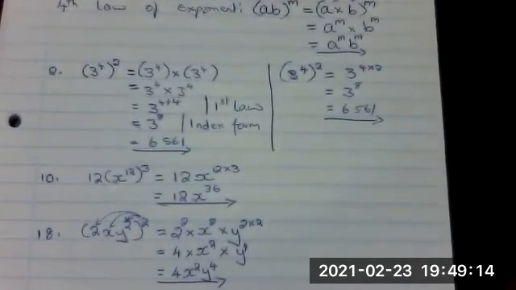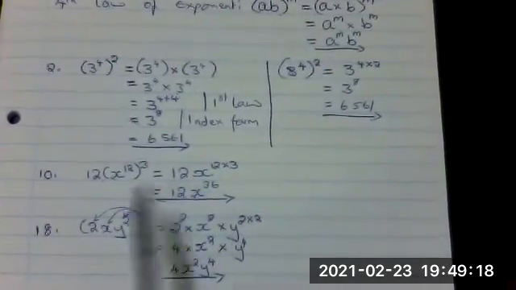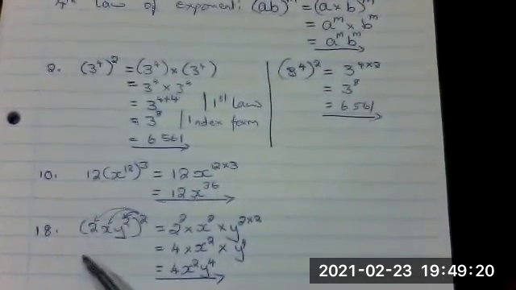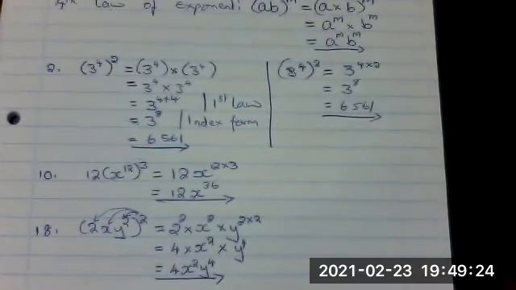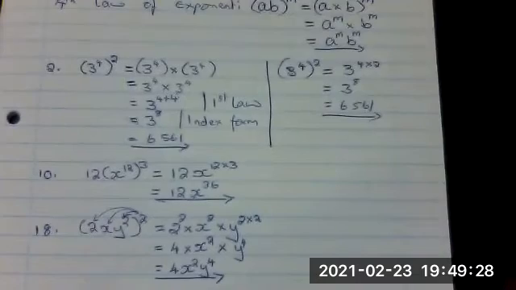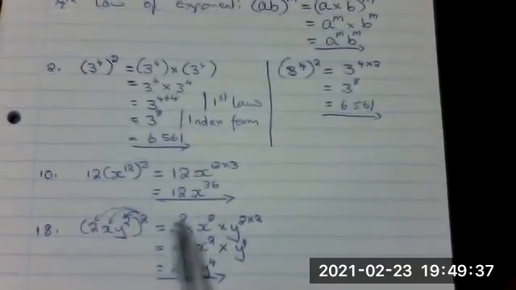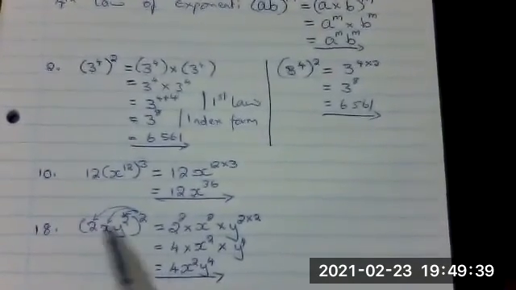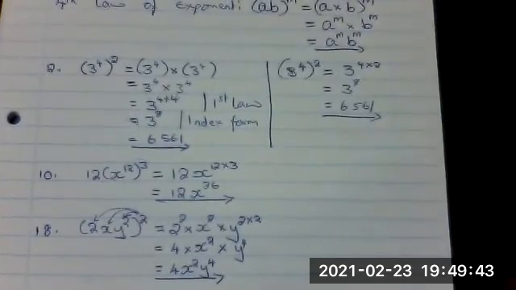So this number 18 is an example of law number 4, whereby each number inside the bracket is raised to the exponent that is outside the brackets. We just distribute the exponent to the numbers that are inside.